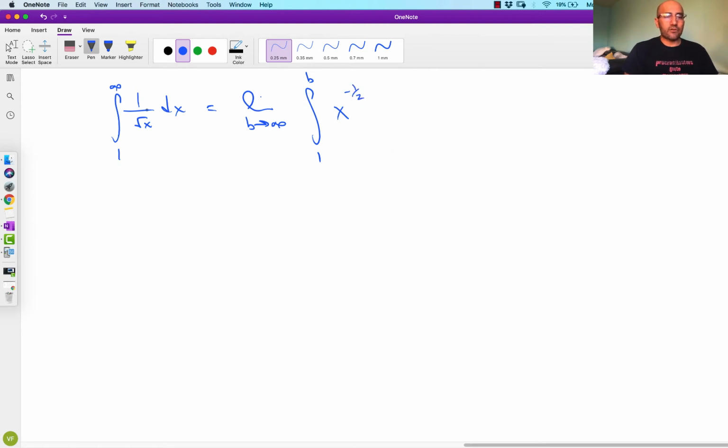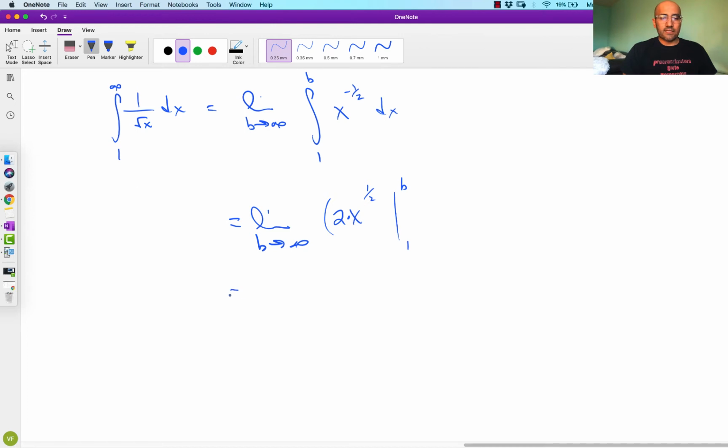The negative sticks it underneath the fraction in the denominator, and the 1/2 is the same thing as taking the square root dx. Okay, and the antiderivative to this is going to be equal to x to the positive 1/2 power. And then when we bring that down, we have to multiply by 2, so it's going to be 2 times x to the positive 1/2 power, evaluated from 1 to b, of the limit as b goes to infinity.